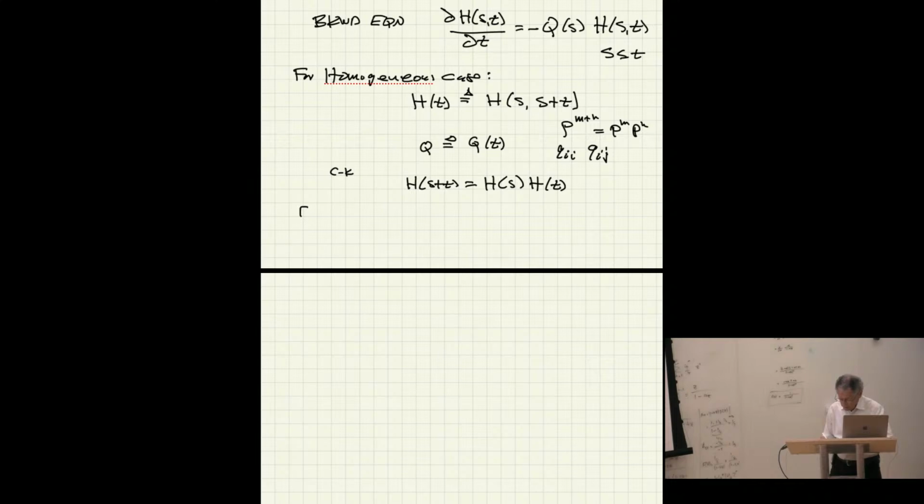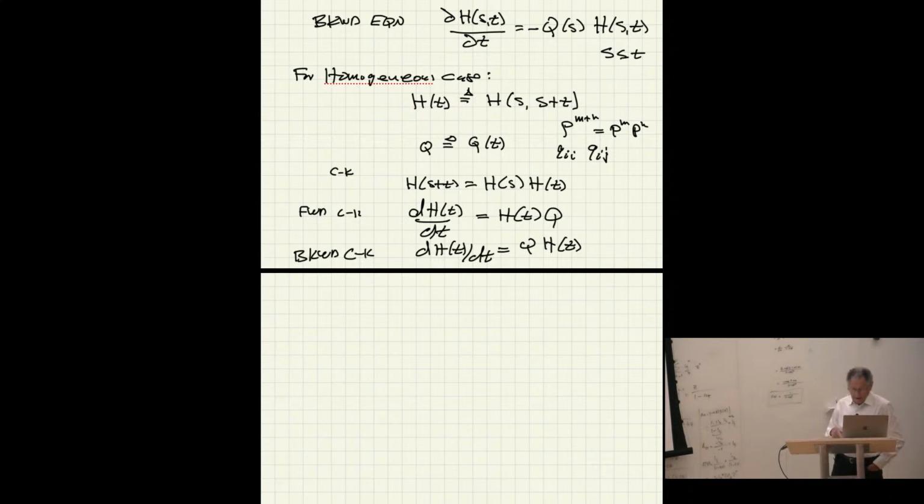The forward Chapman-Kolmogorov says the differential of this H at time t with respect to t is equal to H of t times Q. And the backward Chapman-Kolmogorov is dH of t dt is equal to Q times H of t.